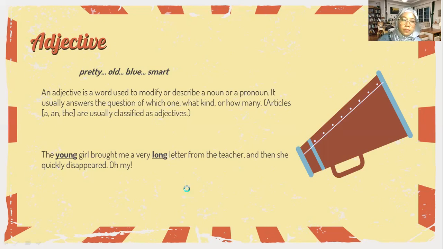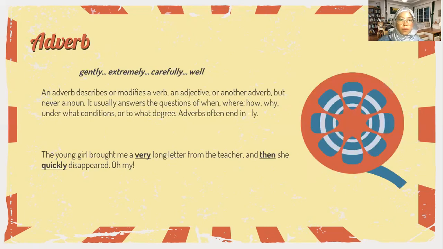Next is adverb. An adverb describes or modifies a verb, an adjective, or another adverb, but never a noun. It usually answers the question of when, where, how, why, under what condition, or to what degree.